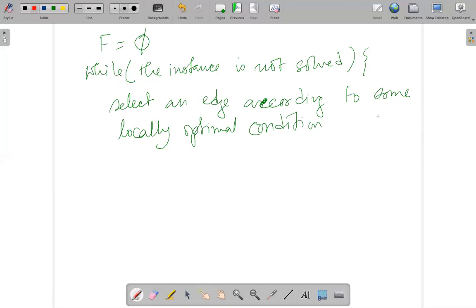So you probably very well appreciate that this is the selection procedure of the greedy algorithm.